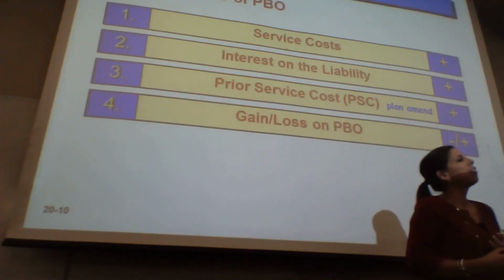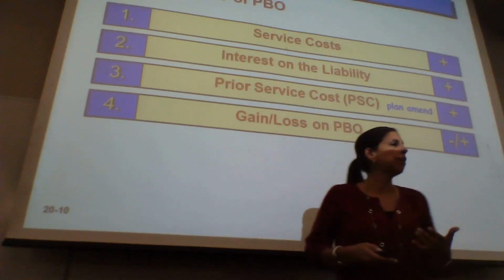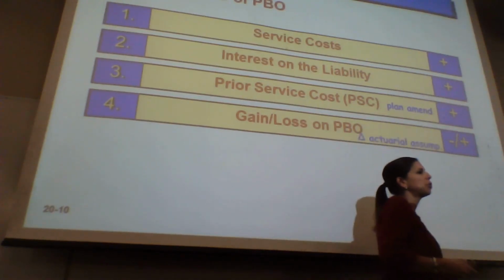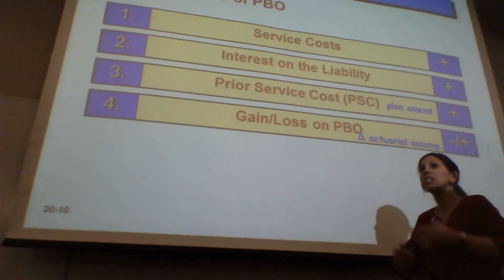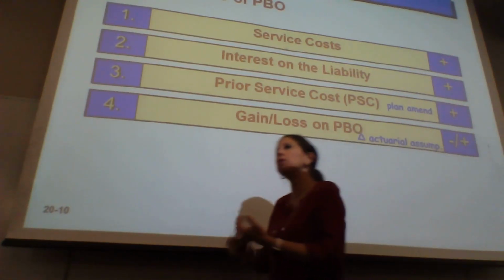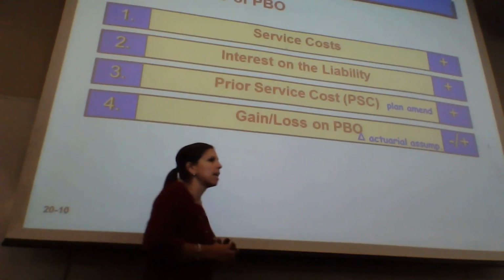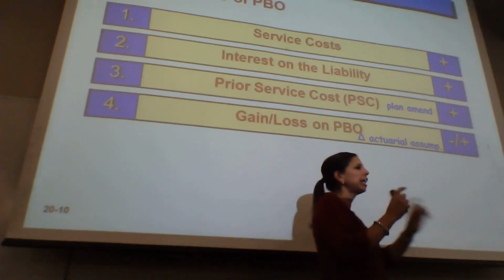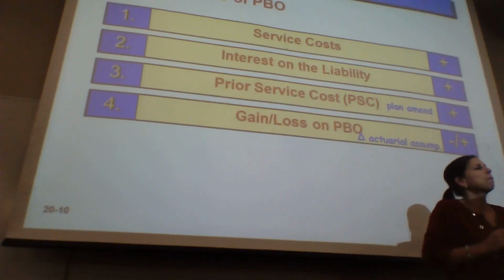We also have other gains and losses on the PBO. These are generally arising due to changes in actuarial assumptions, okay? Changes in mortality rates or employee turnover, inflation rates, various things. We'll recognize any changes based on actuarial assumption shifts.